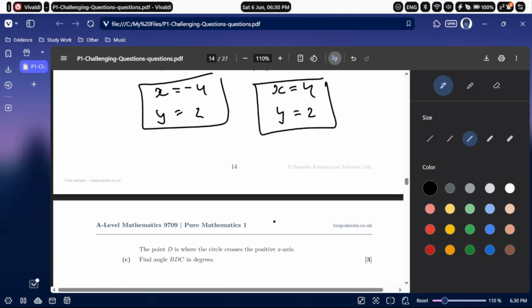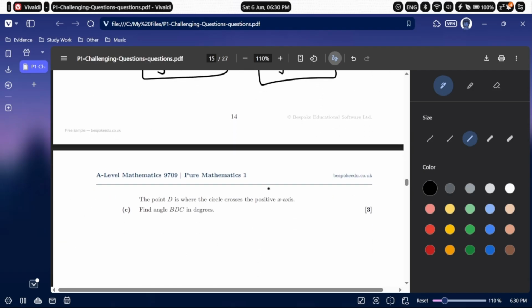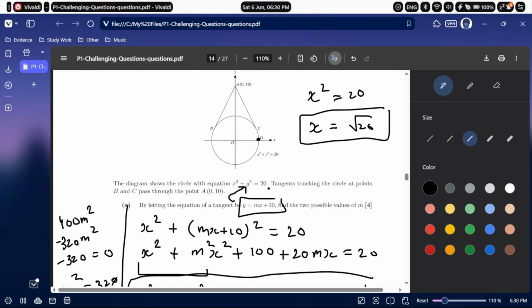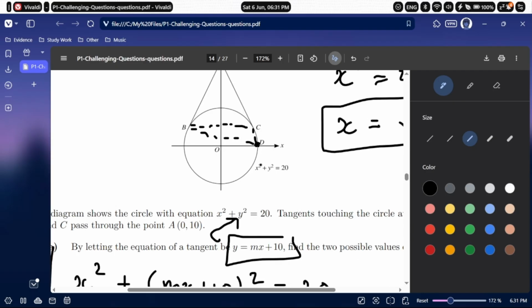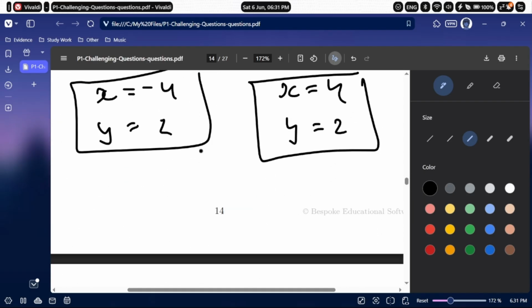And then you're told to find the angle BDC in degrees. So for the angle BDC, you can form a sort of triangle, and then you can apply cosine rule. You already know what B, C, and D are, so you can find out the lengths of all the three sides, and you can make use of cosine rule.